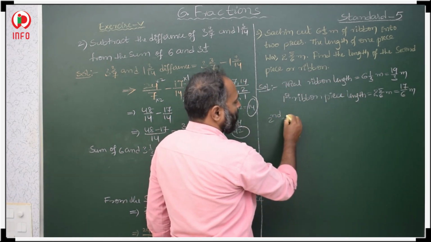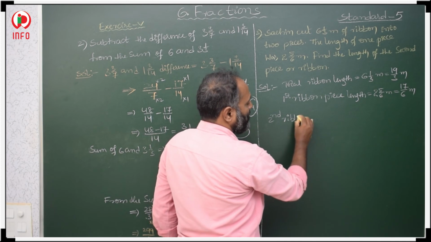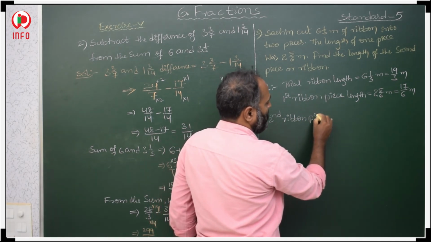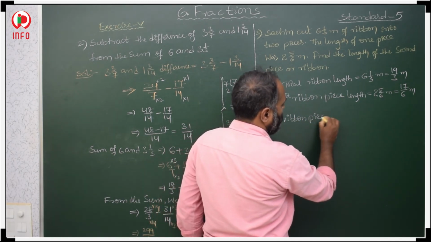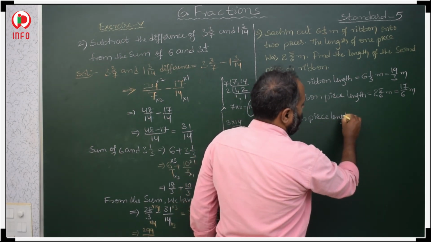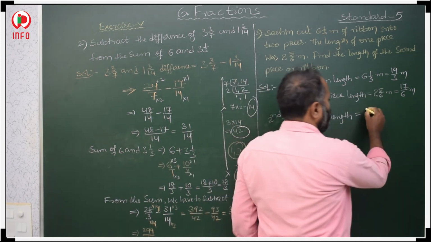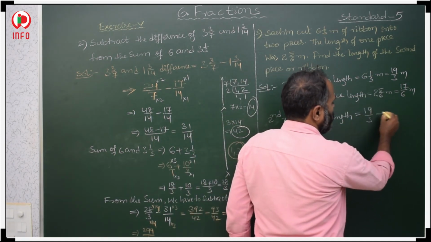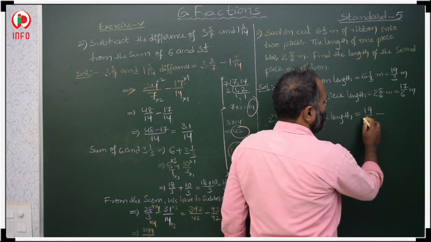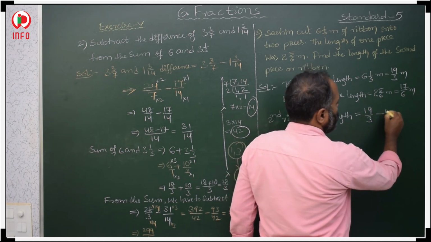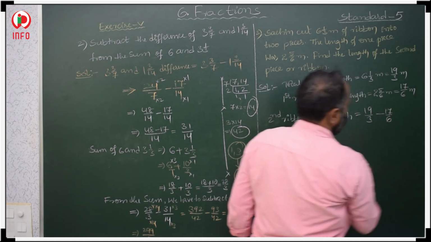Second ribbon piece length is equal to, from the total length 19/3, we have to subtract the first ribbon piece length, that is 17/6.